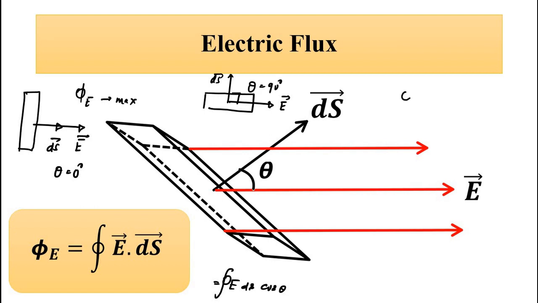In that case the electric flux will be equal to 0, because cos 90 degree is equal to 0. Cos 0 degree is 1, maximum, and cos 90 degree is 0. Simple dot product of electric field and surface area vector. So that is electric flux.